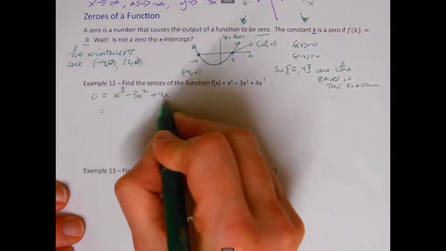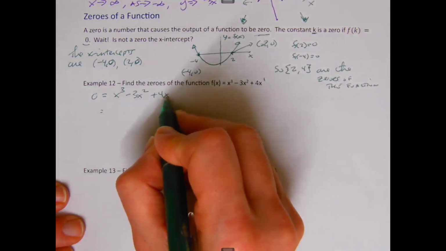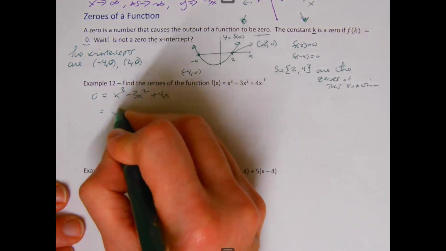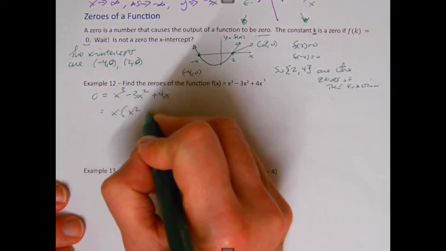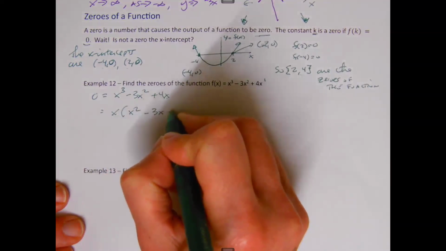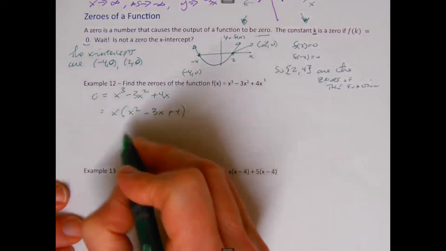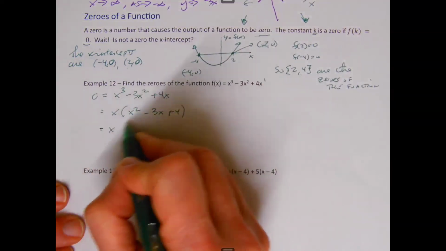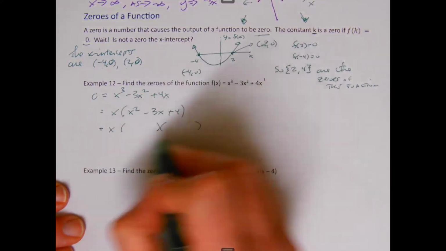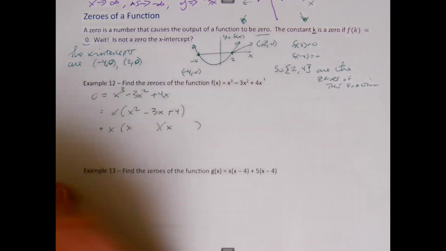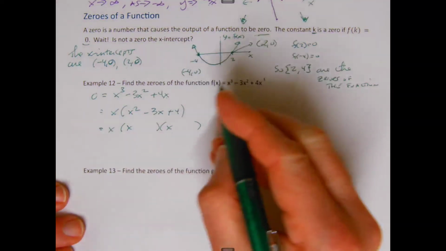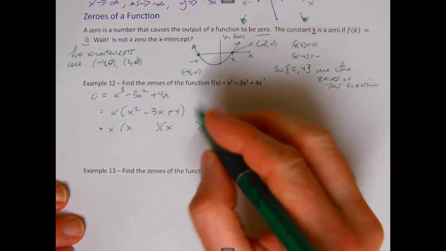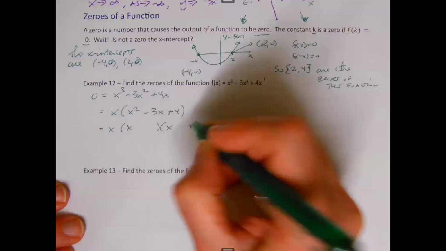So when I do that, I'm going to first try and factor this. I have a common factor of x, so I'm going to take that out. And I'm hoping I can factor this. And this is the interesting part about finding zeros. I have to be able to factor or use some other method of finding them, but sometimes that is not possible.